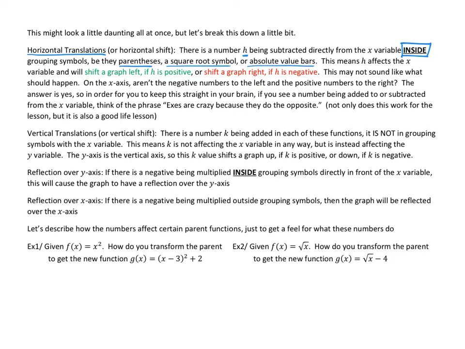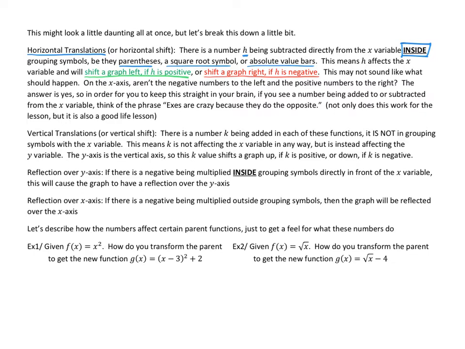And if you think about that, the x-axis is the horizontal axis that moves things left and right. When you say the x-coordinate is 4, you know you are moving to the right. So when that happens, the h affects the x variable and will shift the graph left if h is positive, and it will shift the graph right if h is negative.